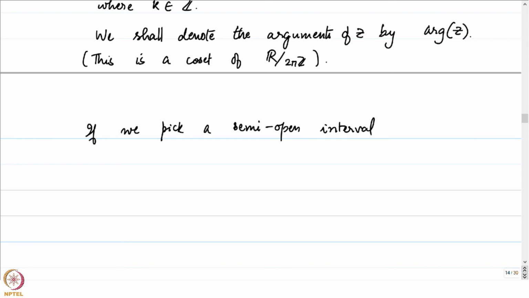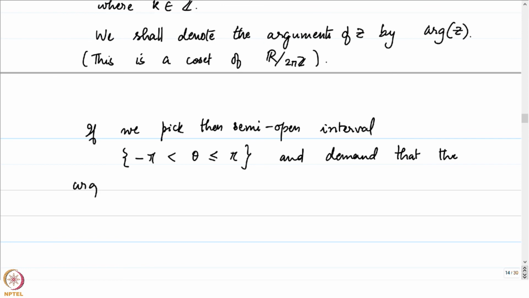If you pick the semi-open interval, say minus pi less than theta less than or equal to pi, and demand that the argument is in this interval, then we can talk about the argument of a complex number.